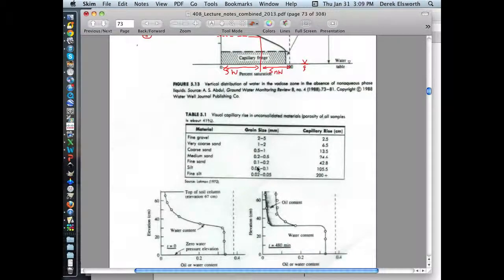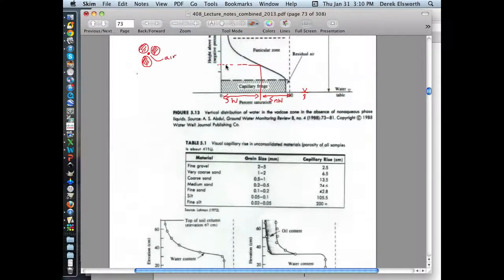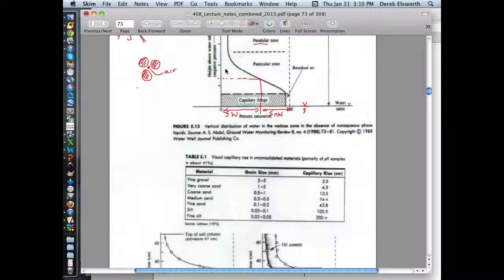The other kind of counterintuitive behavior is that if you look at fine-grained materials compared to coarse-grained materials, the height rise of water, the capillary fringe, in fine-grained materials is much higher than in gravels. It makes sense, right? Because we know that this height rise is proportional to the interfacial tension and the diameter of the pores.